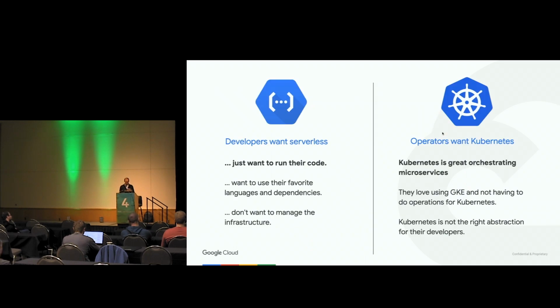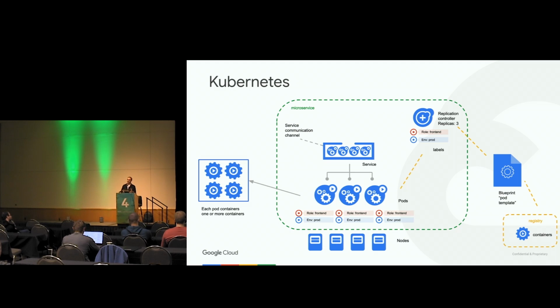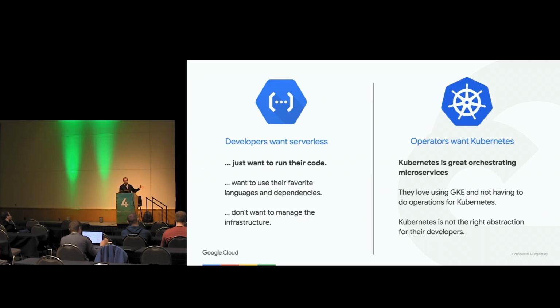As a developer, I don't really care about this. I want to write the application code and deploy that application code. All the things that Kubernetes does are great, but it's not something I should be worried about. Application developers just want to write their code, and they don't really care about all the details of how the code is deployed and run.